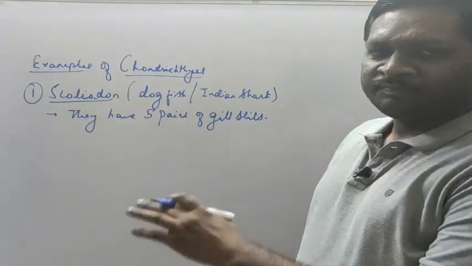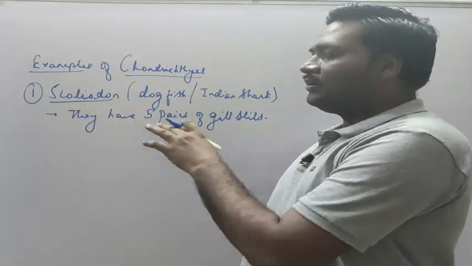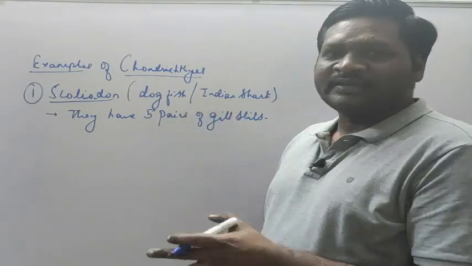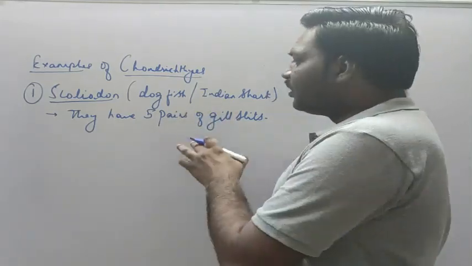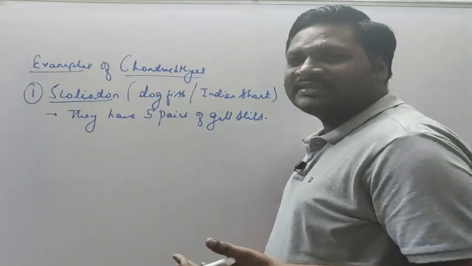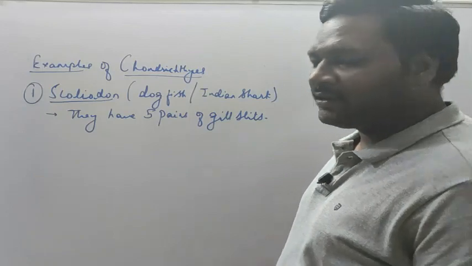In the introductory part we have seen the cartilaginous fishes consist of 5 to 7 pairs, but in the case of Scoliodon, that is the shark, they have 5 pairs of gill slits. The function of the gill slits, as we know, is respiration.